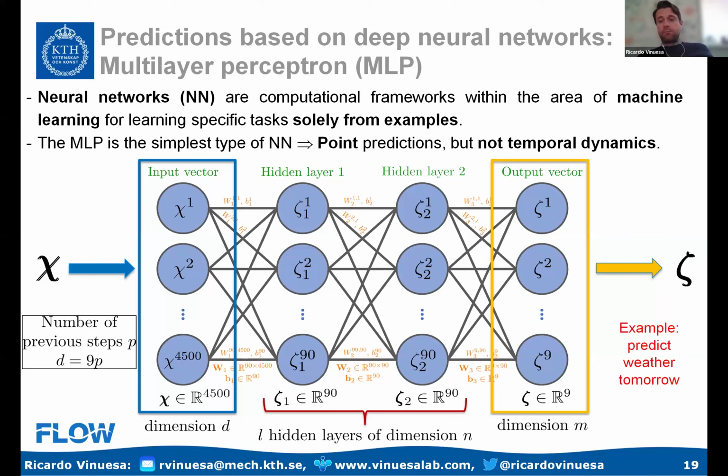In the example of temporal predictions, let's imagine that I want to predict the weather tomorrow, and the weather tomorrow has 9 variables. So the temperature, the humidity, the wind speed, and so on. I can use the 9 variables of today to predict the 9 variables of tomorrow, or I can use many previous days to predict the weather tomorrow. I can use a total of P days to predict the 9 variables in the next step.